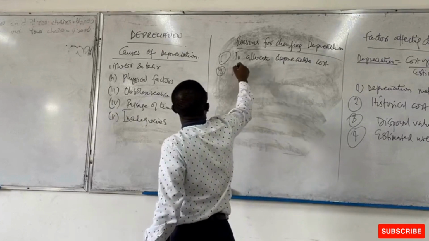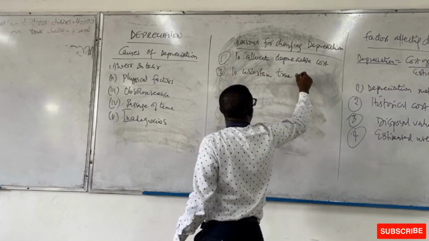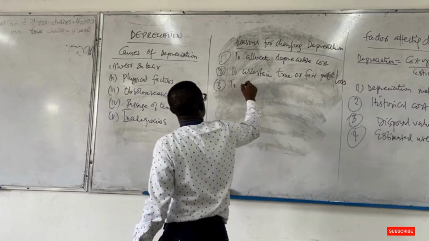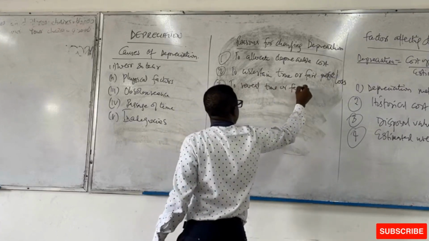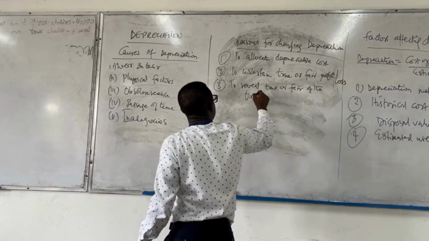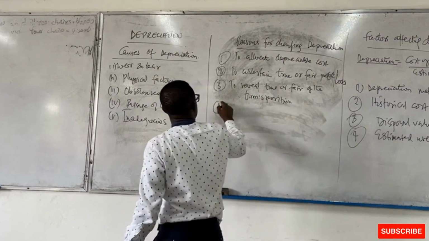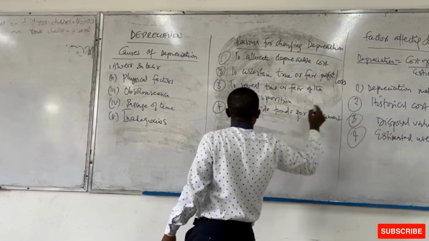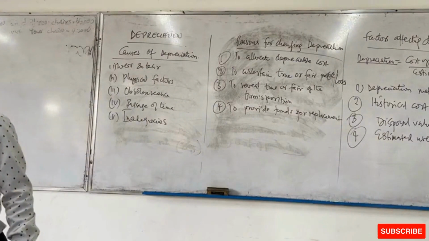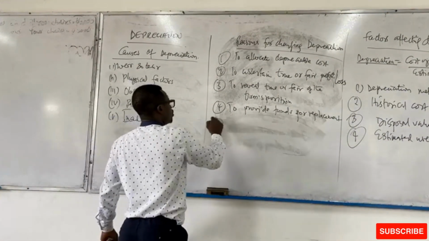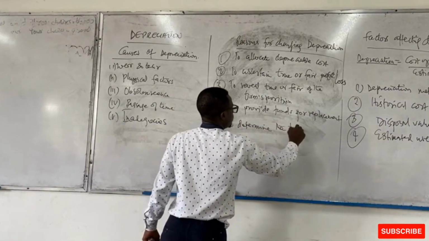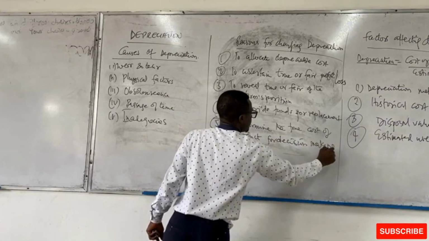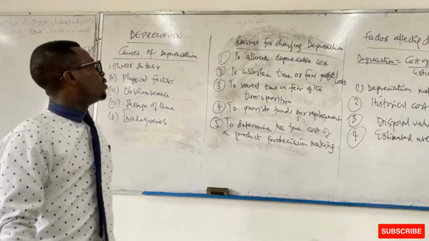What next? 2, to ascertain true or fair profit or loss. 3, to reveal the true or fair position of the firm. 4, to provide funds for replacement. 5, to determine the true cost of a product for decision making. Are you good? So these are some of the reasons for charging depreciation.